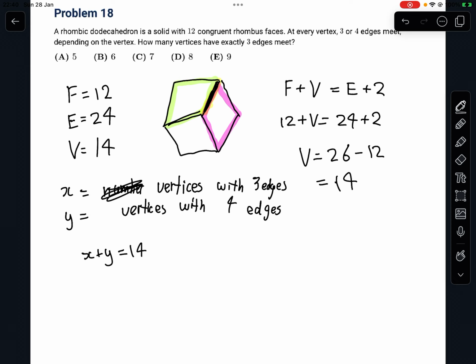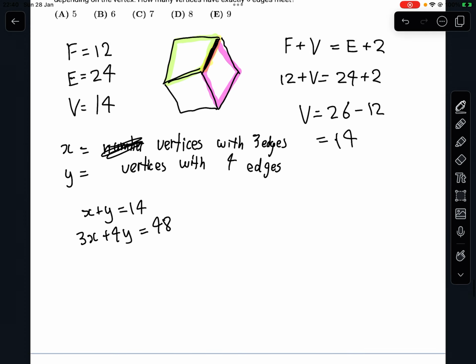So we know that x plus y equals 14, the total number of vertices. And then we can also get 3x plus 4y equals 48, because the total number of vertex corners is 48, since there are 12 rhombuses of 4 vertices each.